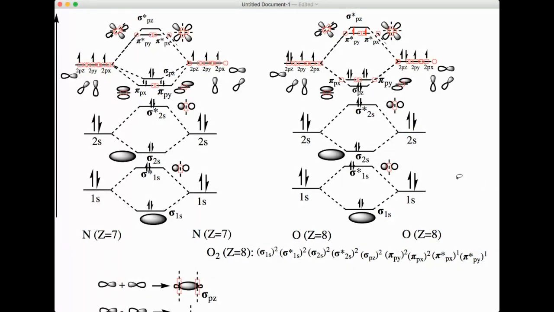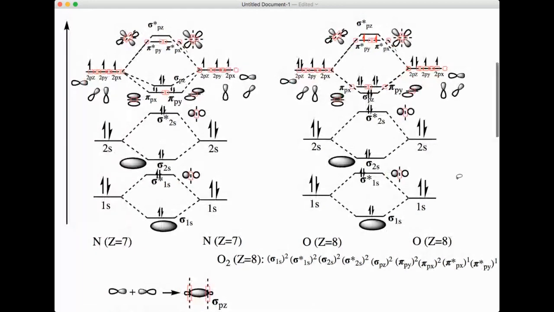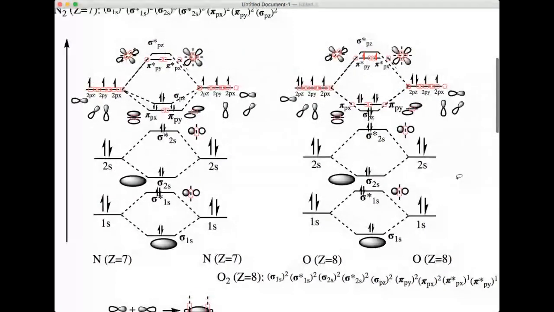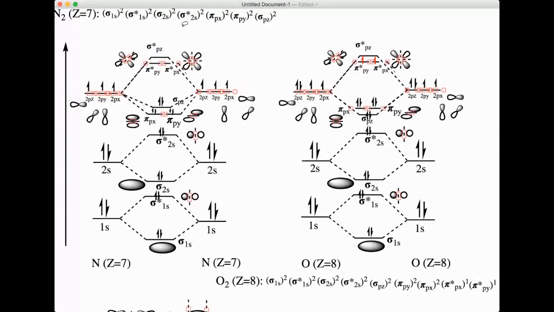I want everybody to pay attention. So let's say we draw the molecule of O2 according to valence bond theory, okay?